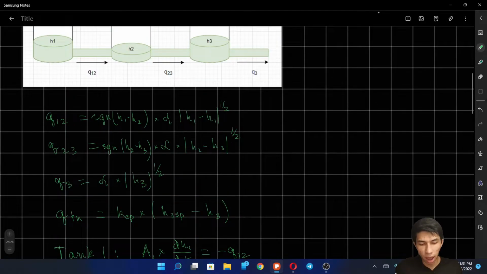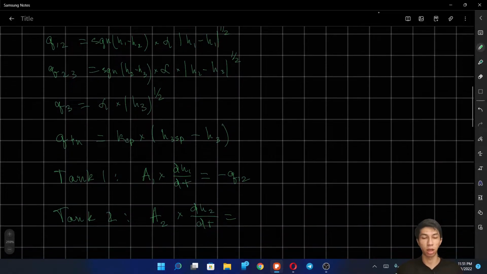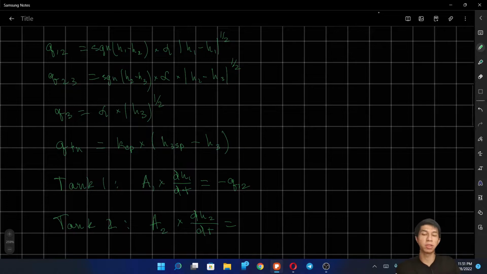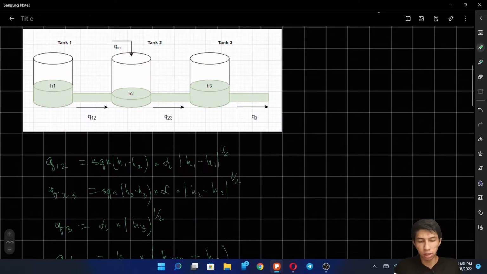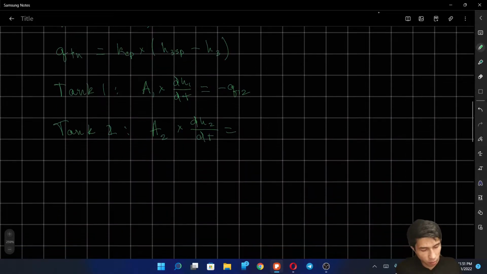Here we have our Q23, leaving, or it can be coming into the tank, but that will be determined in our model. So we will say it's leaving, right? And there is a Q incoming and Q12 coming. So we represent our change as Qin plus Q12 minus Q23, right? The signs might change depending on the heights.